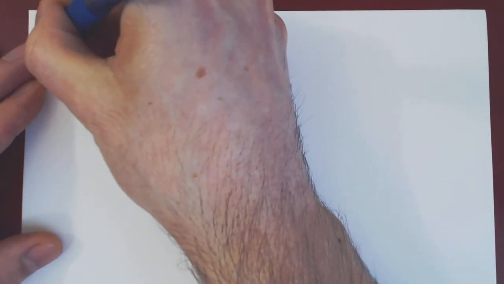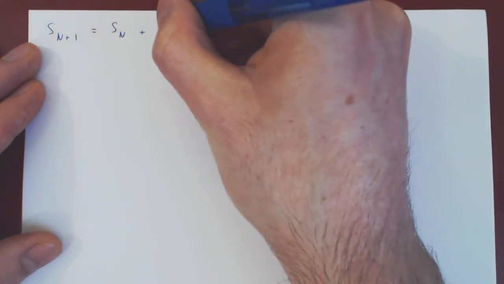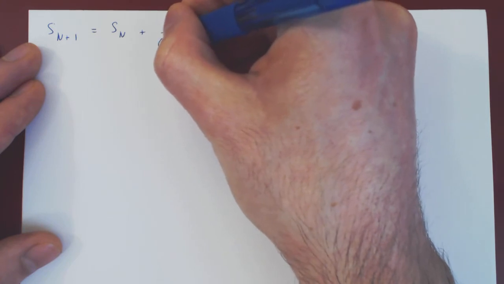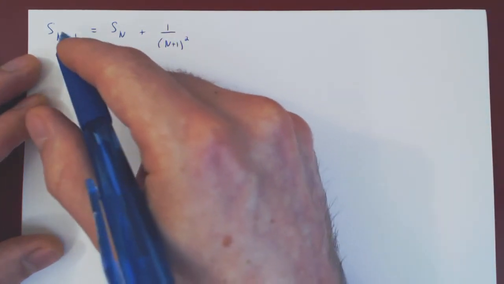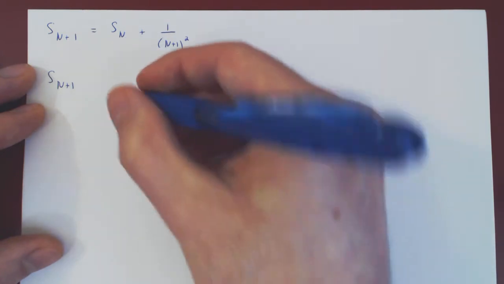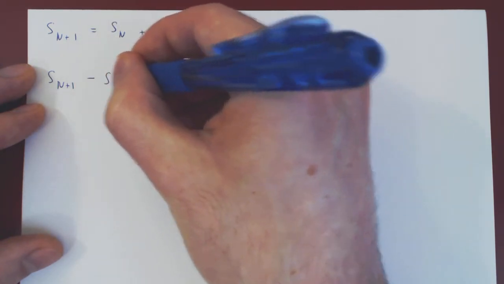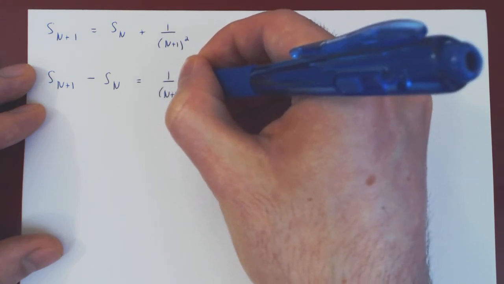So if we just go back to our recursive definition, Sn plus 1 was defined to be Sn plus the positive number 1 over n plus 1 squared. So if you do Sn plus 1 minus Sn, you get 1 over n plus 1 squared.